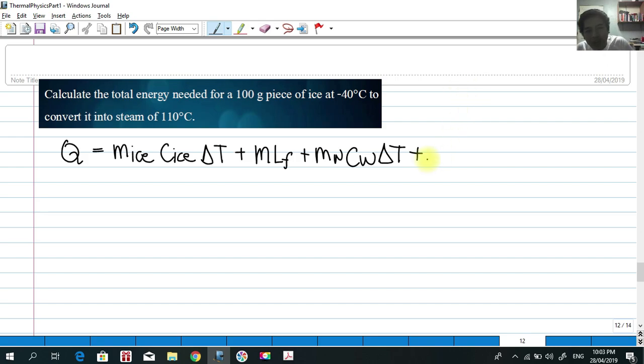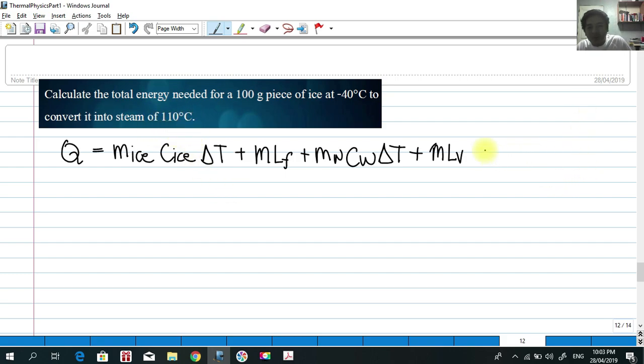So we have to add the mass times the latent heat of vaporization. There's a phase change, and there's no change in temperature during the phase change. But we're not yet done, because the temperature we have here, delta T, is 100 degrees Celsius, but we are asked up to 110 degrees Celsius.